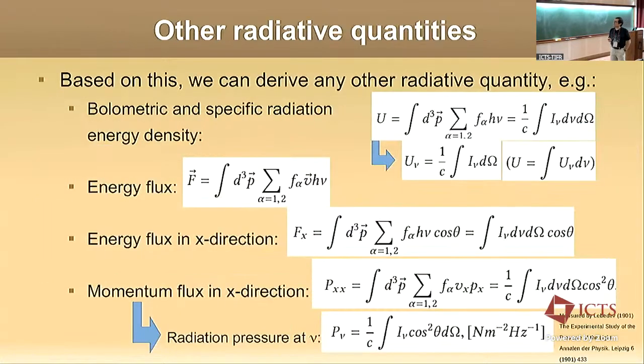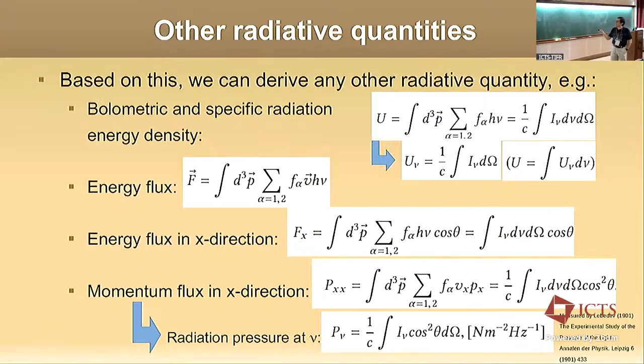All right, so what can we do with it? Using this, you can describe pretty much any radiation quantity that you can think of. For example, let's say you want to calculate the energy density of the radiation. How would you do that? You take the phase space density, which gives you the probability for a photon to be somewhere in phase space. Then you integrate over all the momenta, because you don't care what momentum the photon has; you add them all up.